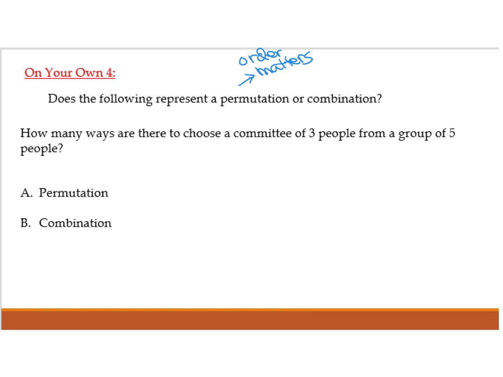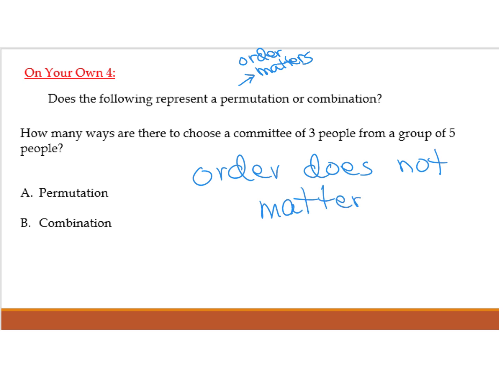So if I have a total number of 5 people and I'm choosing 3 people from that group, they're going to be on a committee. It doesn't matter who I choose first, who I choose second, who I choose third. I'm just going to have 3 people. So on this one, order does not matter, and because order does not matter, I have a combination.